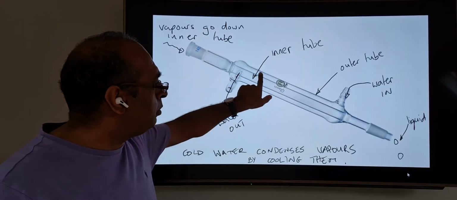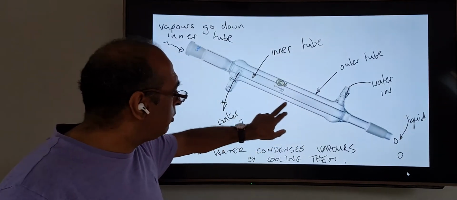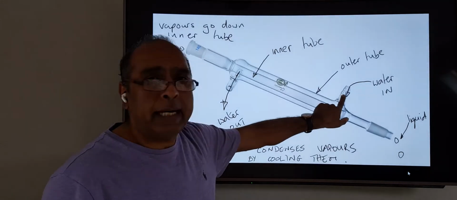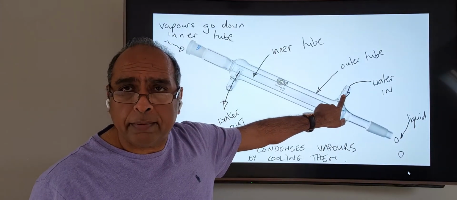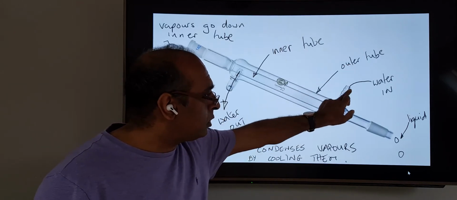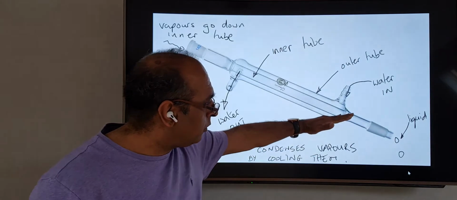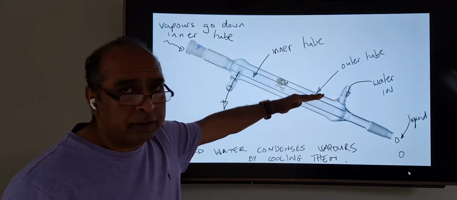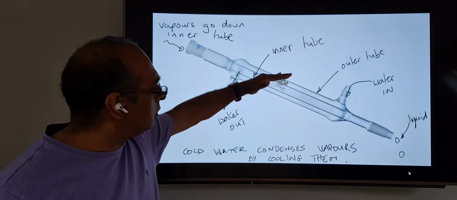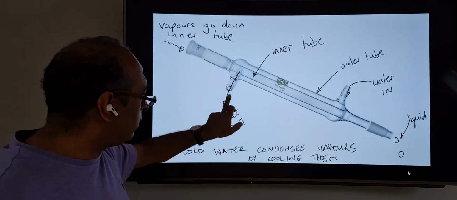The outer tube we fill with water. The outer tube is filled with water by connecting with a hose pipe. We connect that side, water goes in. Now water always goes in at the bottom end, so that when it fills up in this manner, it pushes out the air that was in there, and the water comes out this end.